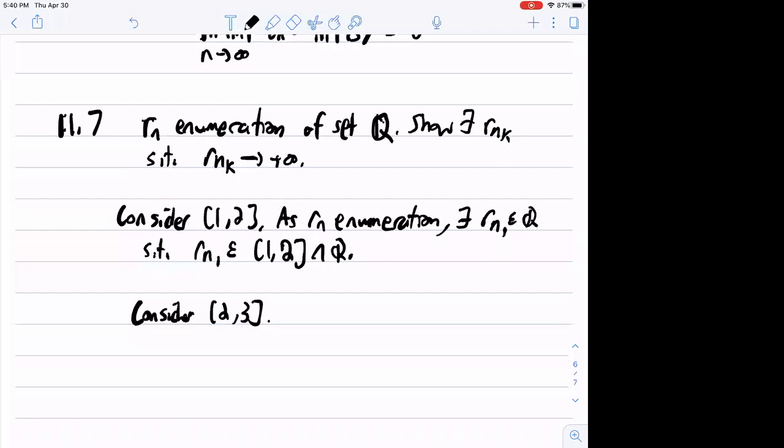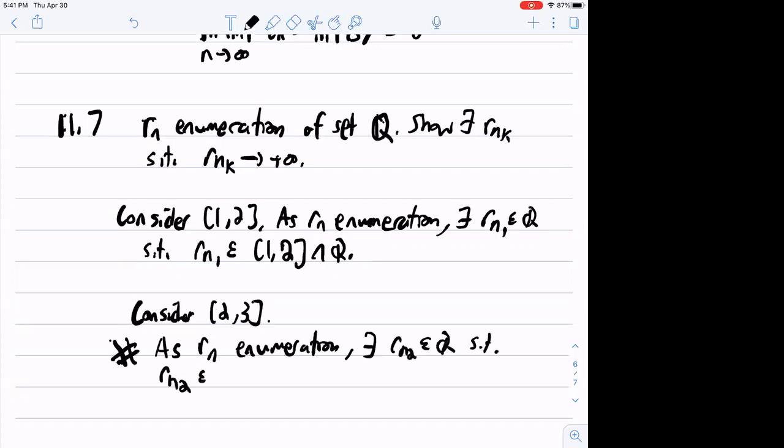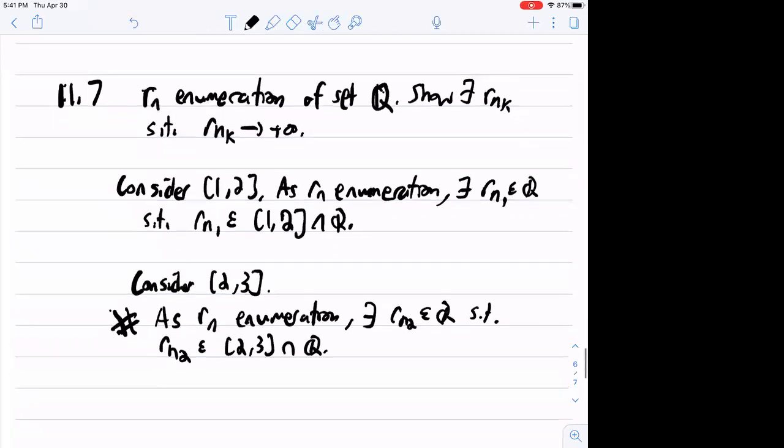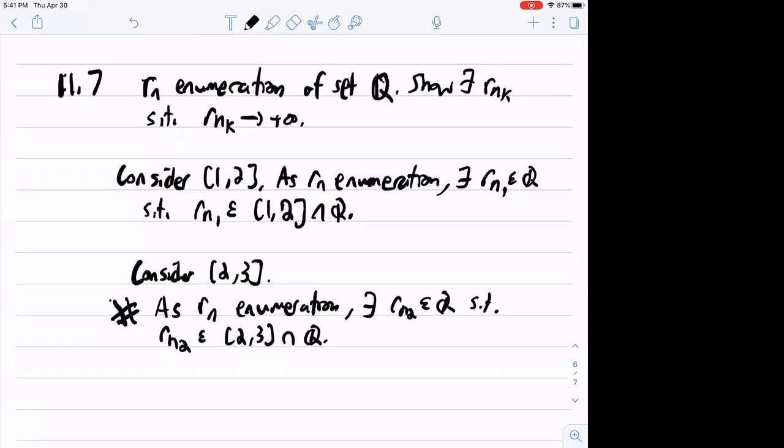So, as r_n is an enumeration, there exists r_{n_2} in Q such that r_{n_2} is in (2, 3). But you suffer the same issue as the previous problem.